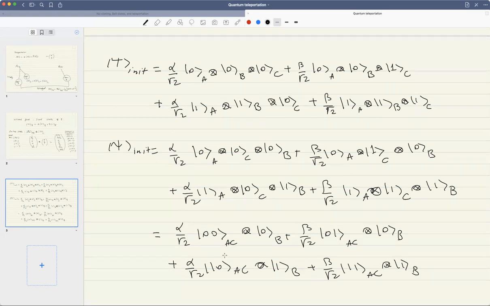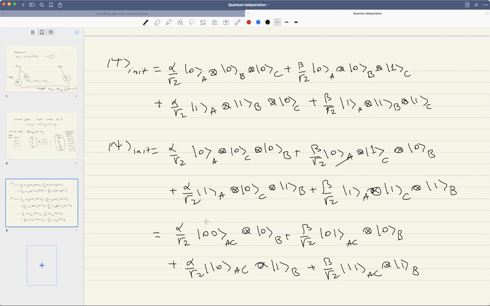So when Alice performs this partial measurement on A and C, then she's going to pick only one of these terms. And when she picks one of those terms, well, that automatically kills any other term that has a different Bell state in this entire superposition. So what it does, it forces the state of qubit B to become a particular single qubit superposition. Okay.